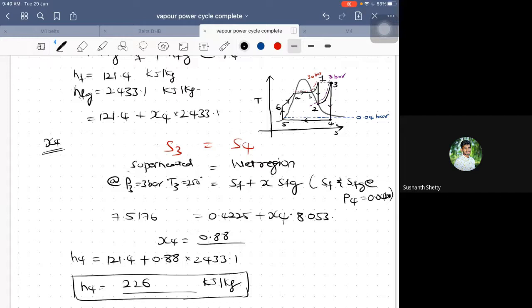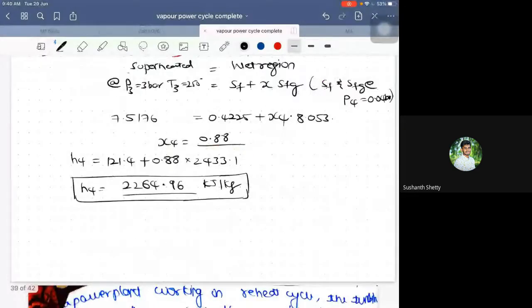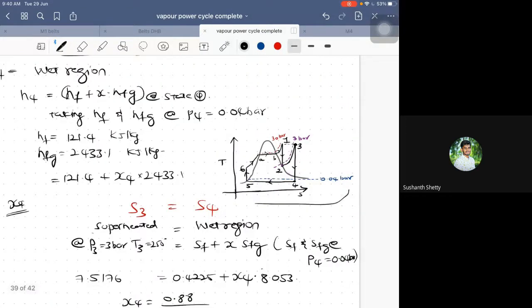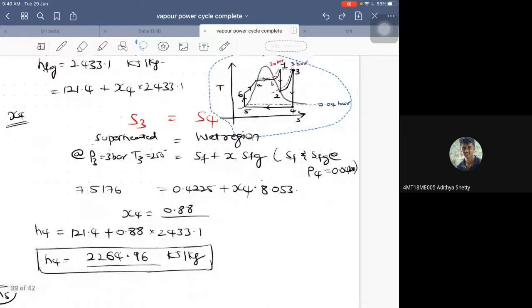2264.96. Now, immediately jump on to H5. How will you calculate H5? H5 is in which state? Saturated liquid line.